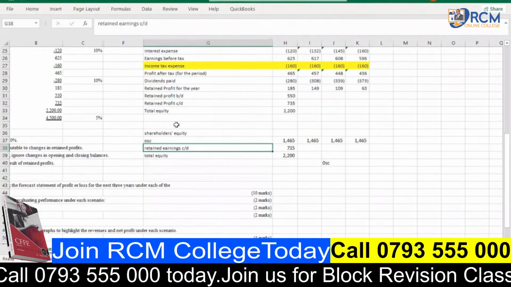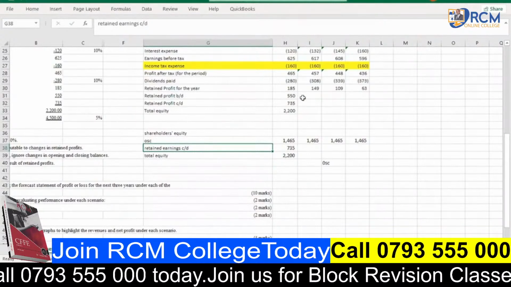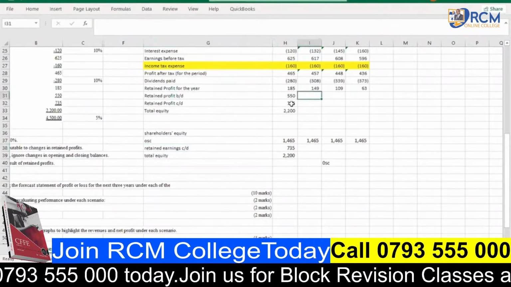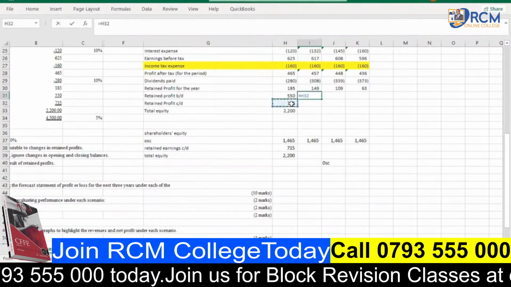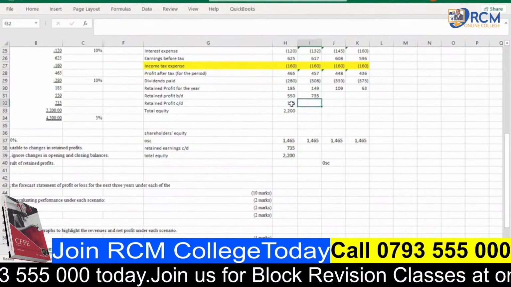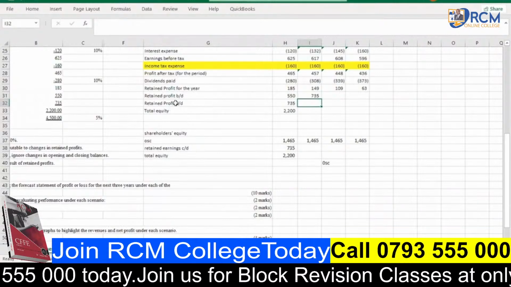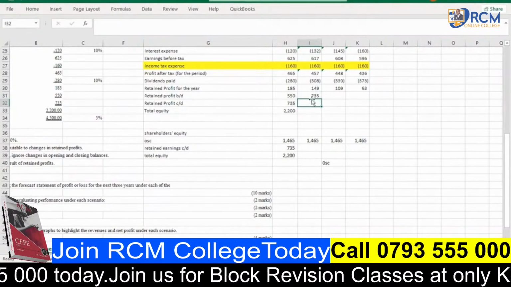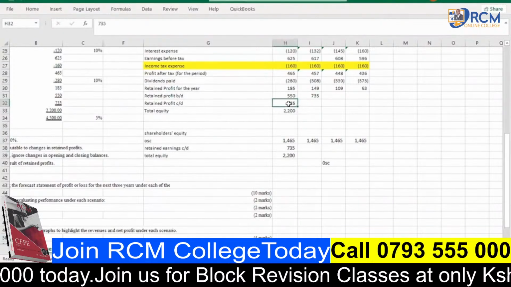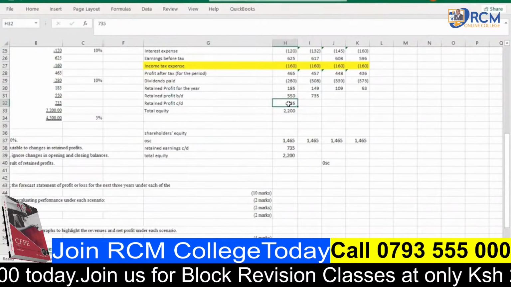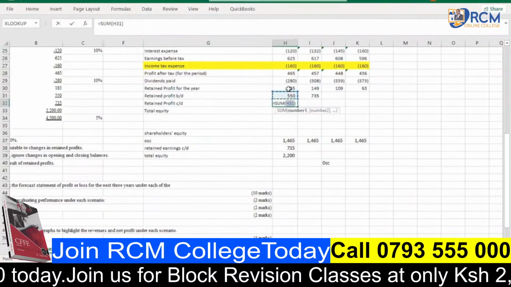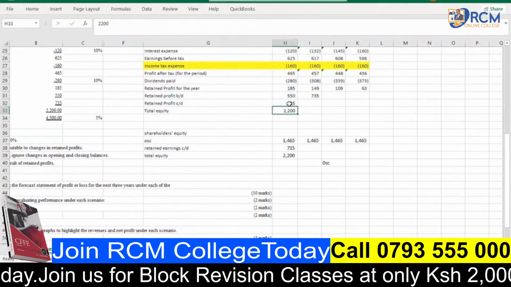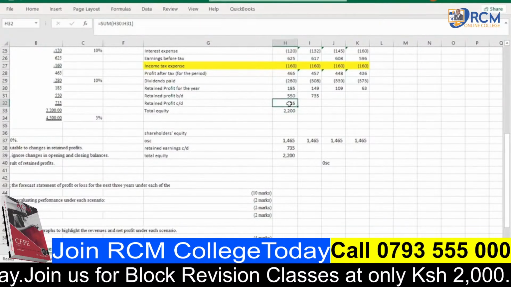Okay, that's good. So our retained profit brought down is the carried down of the previous year. So we come here and say equal to this one here. Then retained profits carried down will be brought down plus the profit of the current year. That's why we said the summation of these two, that is profit of the current year plus profit brought down, will give us the retained profit carried down.